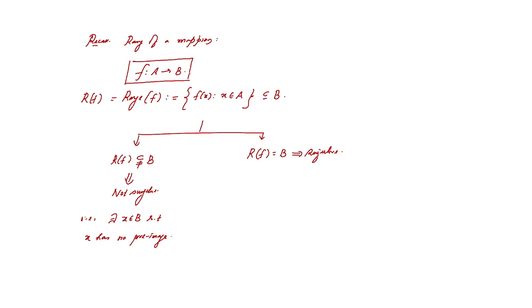Now we come to the important example. Example 1: you are given a function f from the set of real numbers to real numbers defined by f(x) equals 3x plus 4.